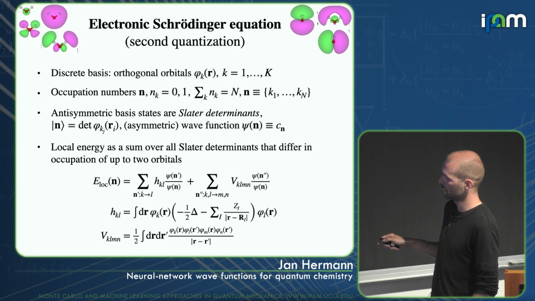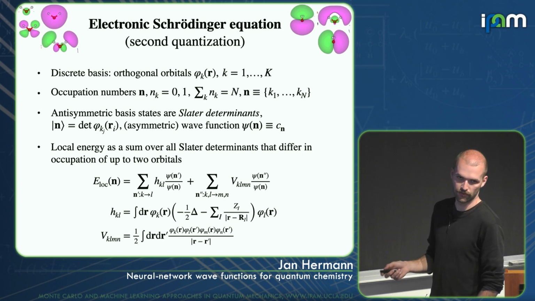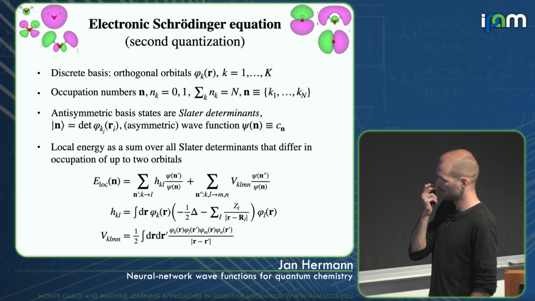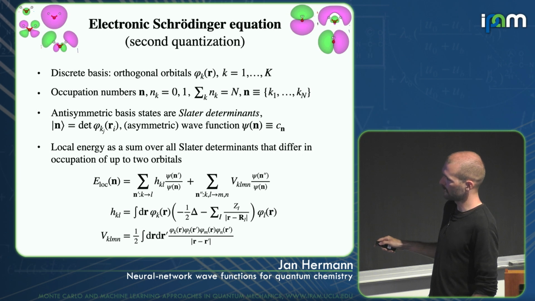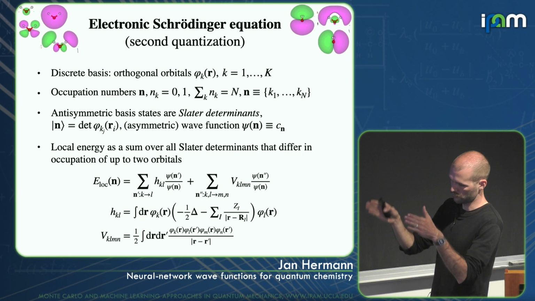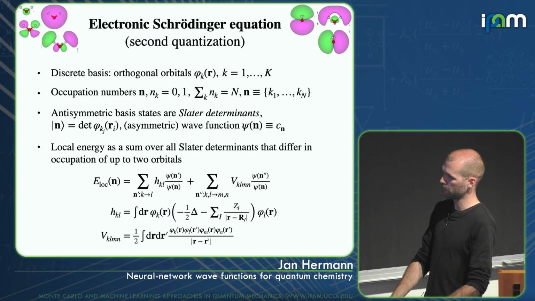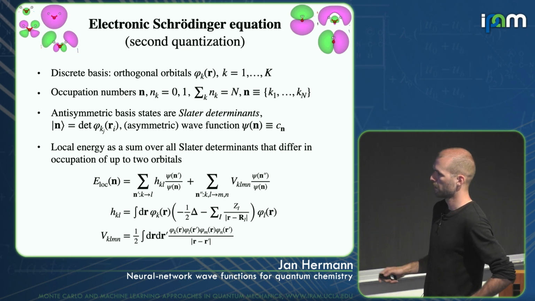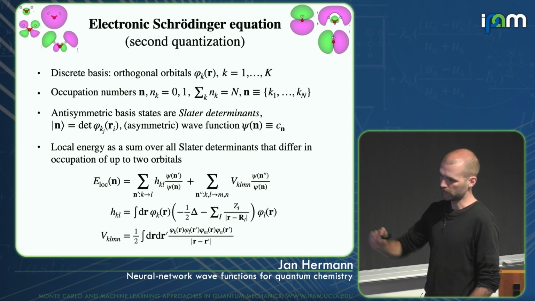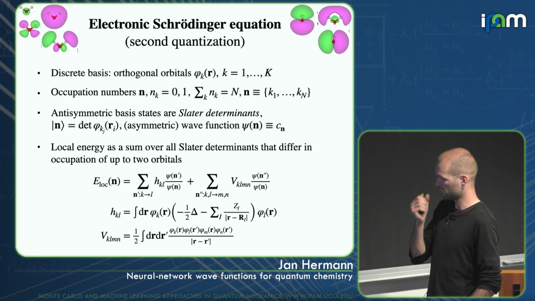That's your basis now. Because they are fermions, there can be only up to one electron in a given orbital. And your antisymmetric basis states are these so-called Slater determinants, where you fill a matrix with different orbitals in one direction, different electrons in the other. And then by construction, that is antisymmetric when you swap electrons.